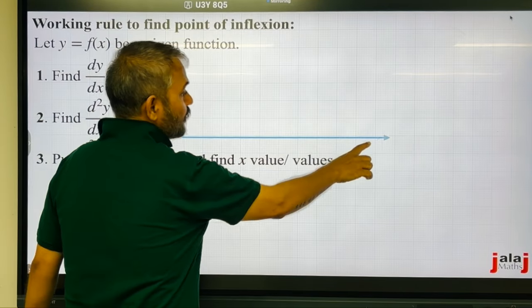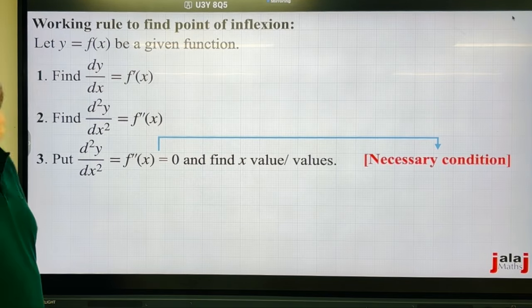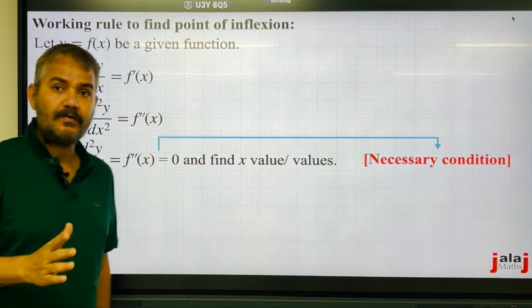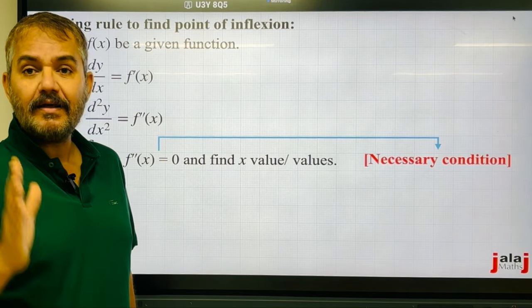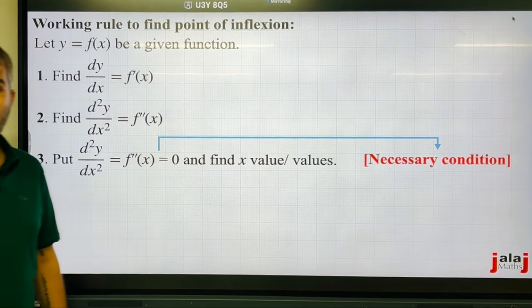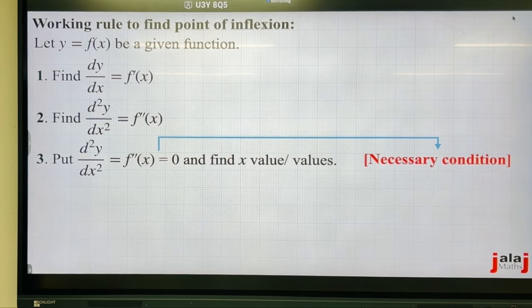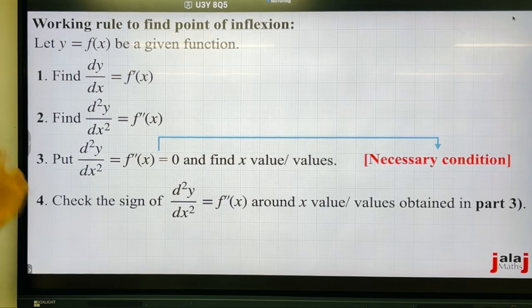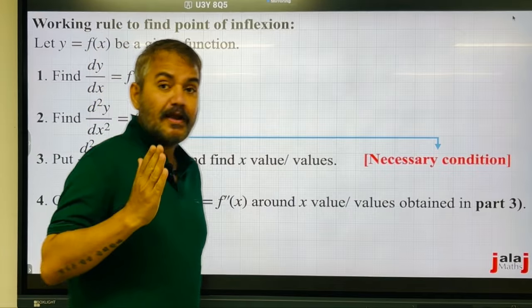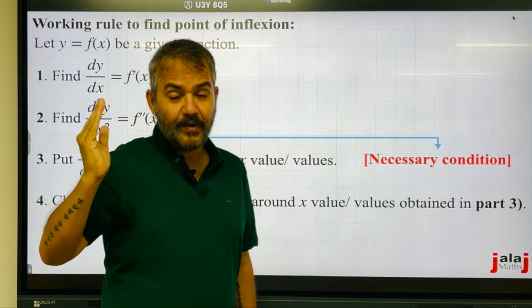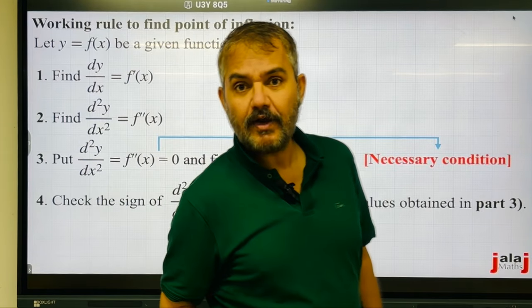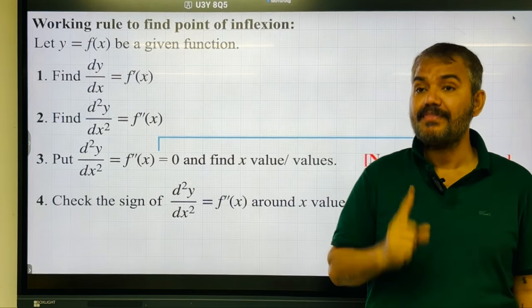And remember that this is a necessary condition. It has to happen. However, if second derivative is 0, it does not mean that the point is going to be a point of inflection. There are more tests which we will see now. Now, since the concavity changes, and we know that for concave up, second derivative is positive. For concave down, the second derivative is negative.